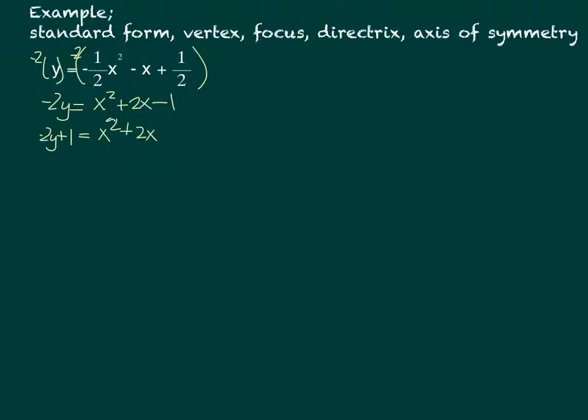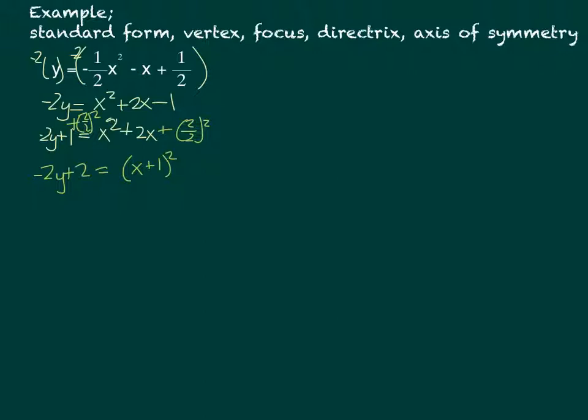And now I complete my square by adding 2 over 2 quantity squared to both sides. When I simplify things out, what I have is -2y plus 2 equals my perfect square, which would be x plus 1 squared.